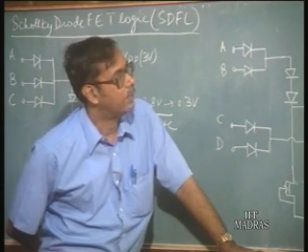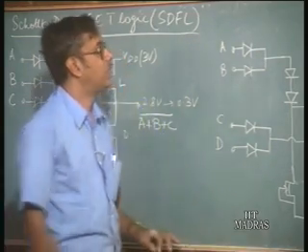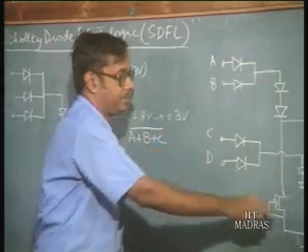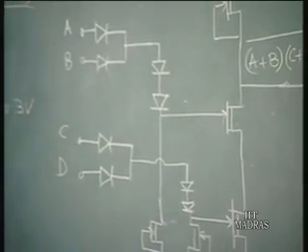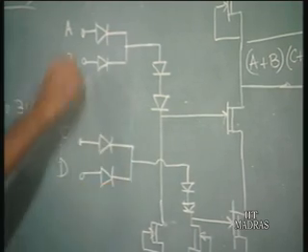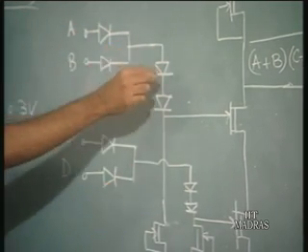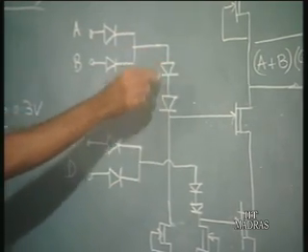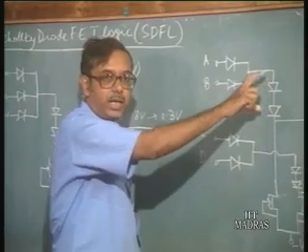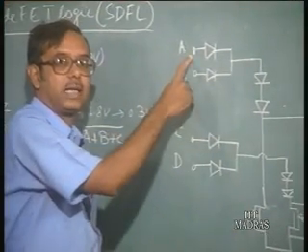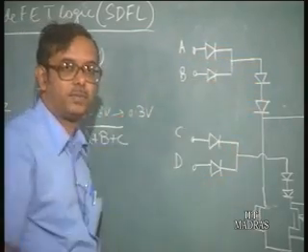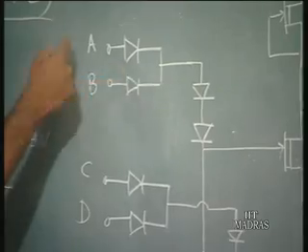one major disadvantage is that the input is always going to draw current, irrespective of whether the input is high or low, because you must have these diodes on, at 0.7 volts, and for that there must be current flowing. So this current has to be driven by the output of the previous gate.